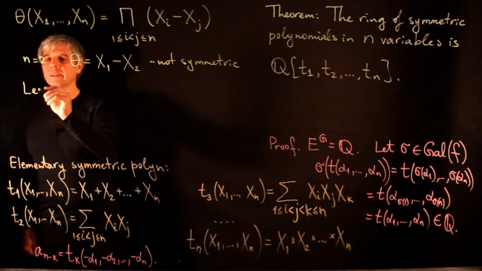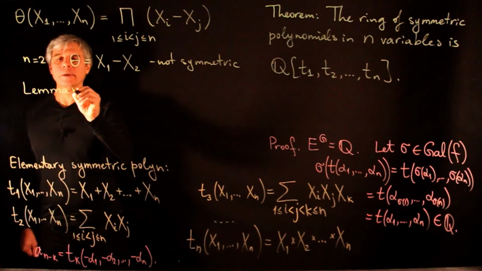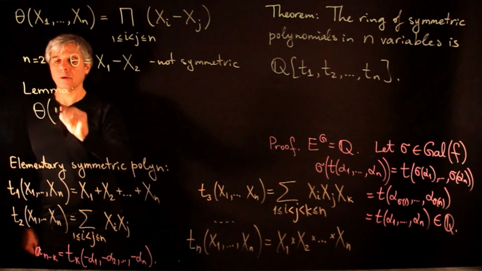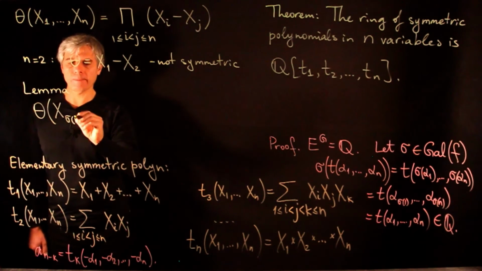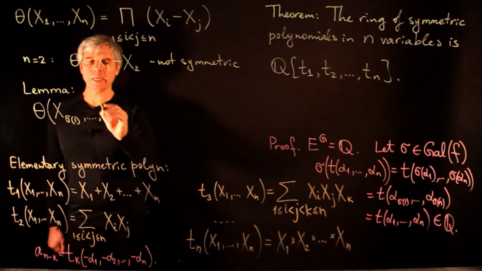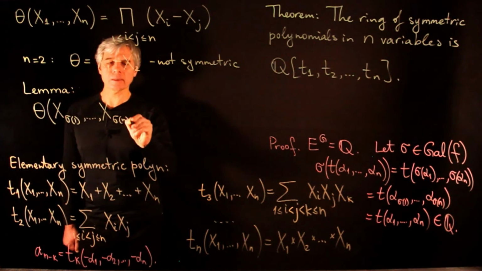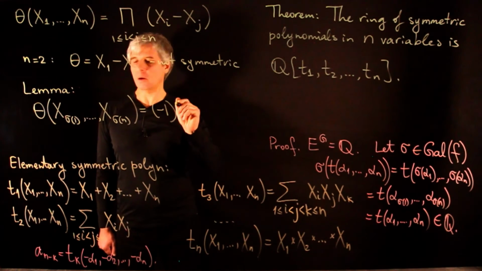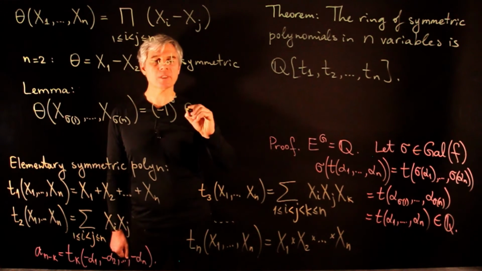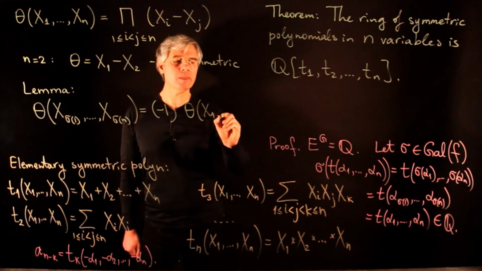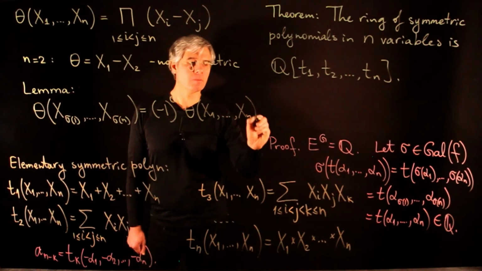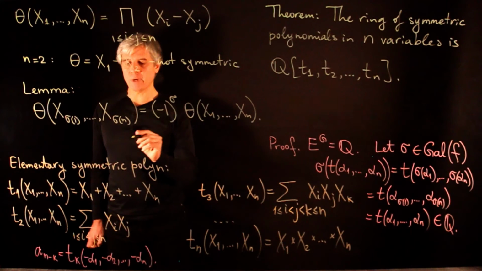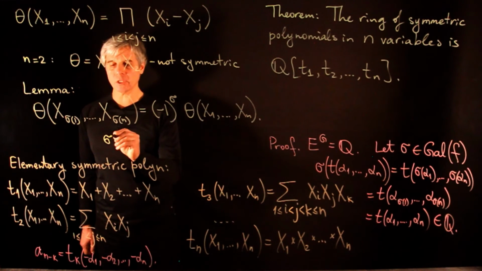And we easily can get the following lemma: theta of x_{sigma(1)}, ..., x_{sigma(n)} is equal to the parity of sigma times theta of x_1, ..., x_n. To prove this lemma, we look at adjacent transpositions.